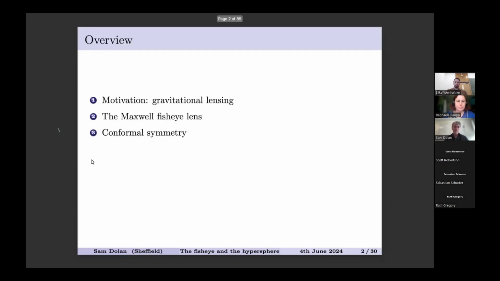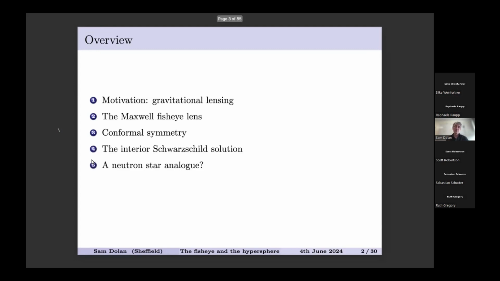Okay. So my aim in this talk is to link a few ideas together in the spirit of analog gravity and quantum simulators. I'm going to start with some motivation coming from thinking about gravitational lensing, and then show how that links up with the old idea of the Maxwell fisheye lens for perfect focusing in optics.